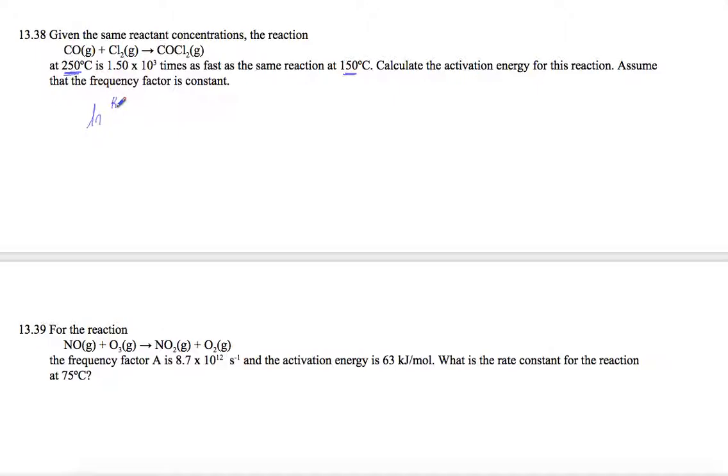Natural log of constant 1 over constant 2 is equal to the activation energy over R times one over T2 minus 1 over T1. That is an R, guys.